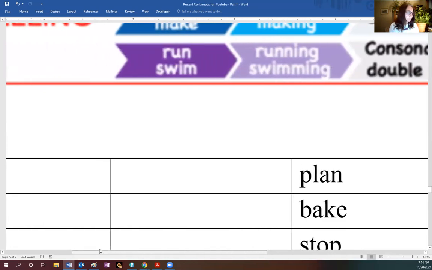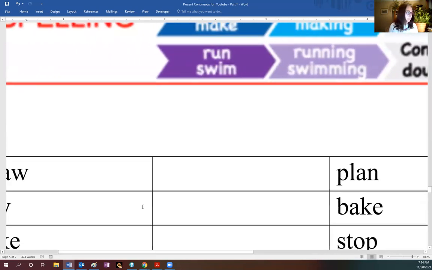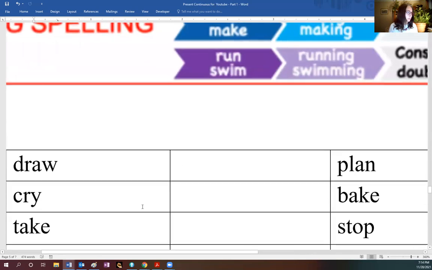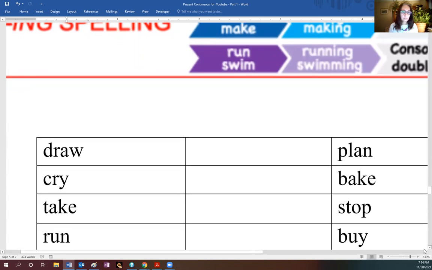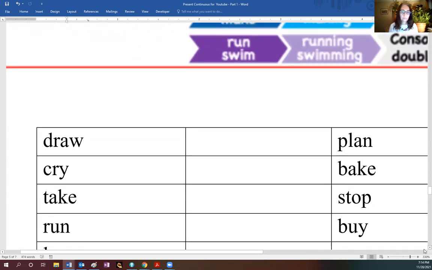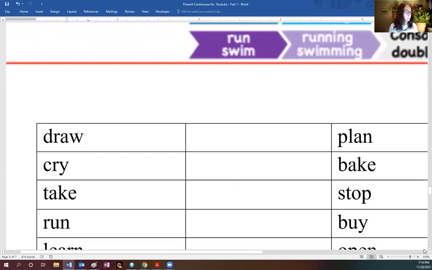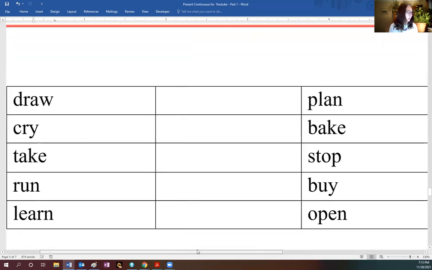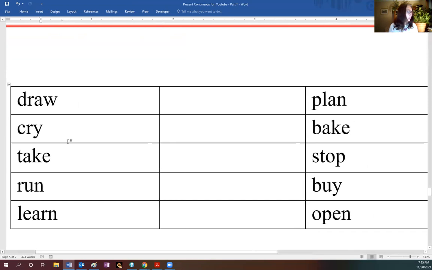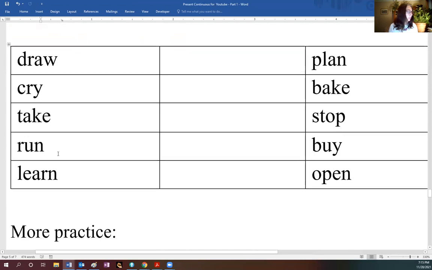Okay, so now let me show you this little table, little exercise that I prepared for you. Okay, so you have here the verb draw a picture, cry, take, run, learn, plan, bake, stop, buy, and open.